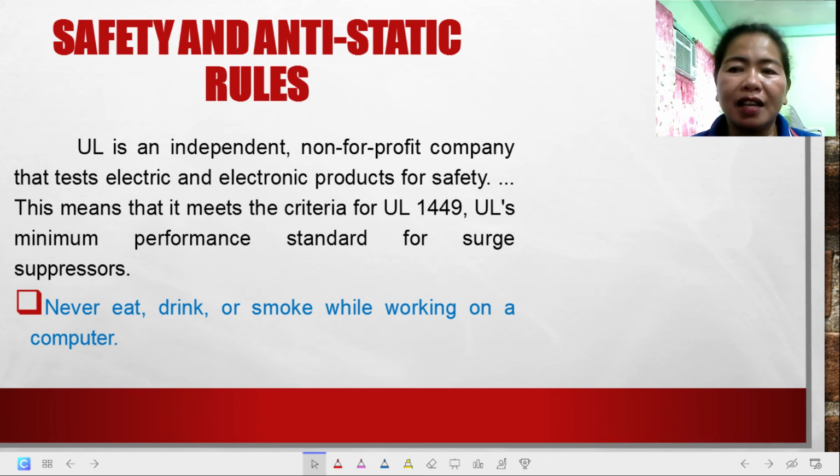But since it is an air-conditioned room, the computer laboratories are sometimes used as a meeting area or conference hall. So we cannot justify this, because we are violating the anti-static rules and safety procedures by eating, drinking, or smoking while working on the computer.